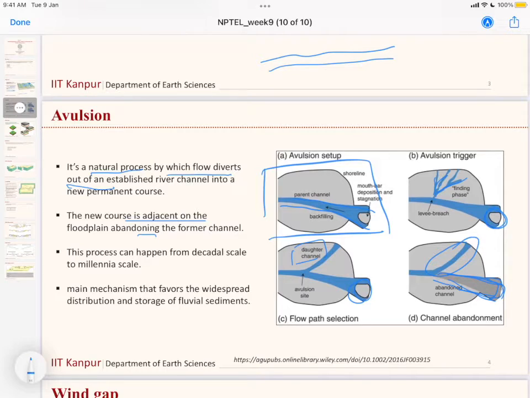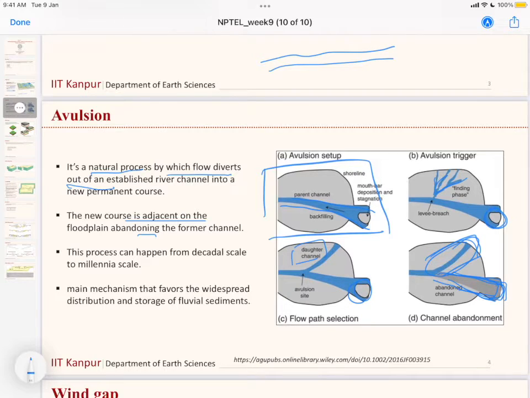So through this process, it spreads out its flood channel, and it also enhances its capacity to store a larger amount of sediment, because now the sediments can deposit over here, and since this one is the active channel, the sediments will start depositing over here.